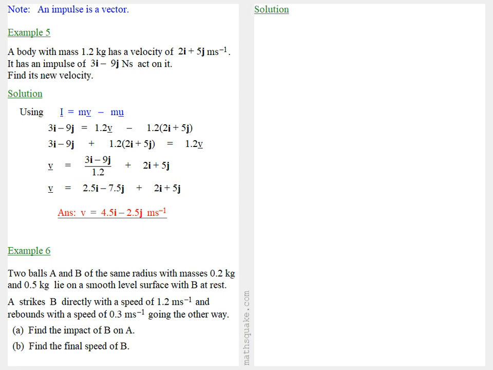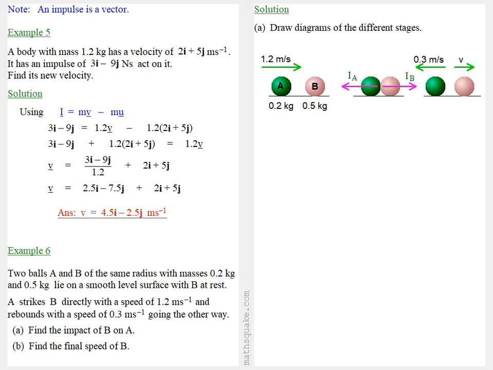Now to solve this, it helps if we draw diagrams of the different stages. In the first diagram we show A moving towards B, then the impact, and then the two bodies separating. So let IA and IB be the impulses on A and B. If we use the equation I equals mv minus mu for the first impact, then we have the mass of A is 0.2, its initial speed is 1.2, and its final speed is minus 0.3.